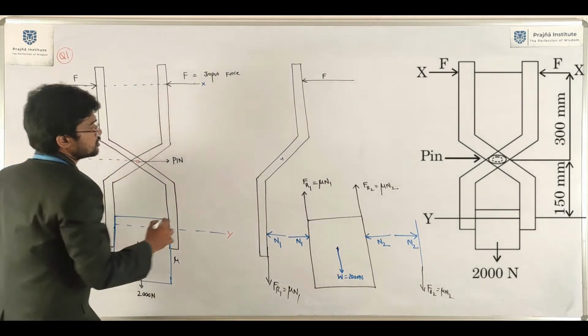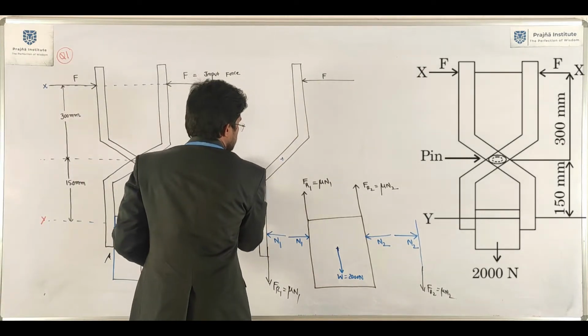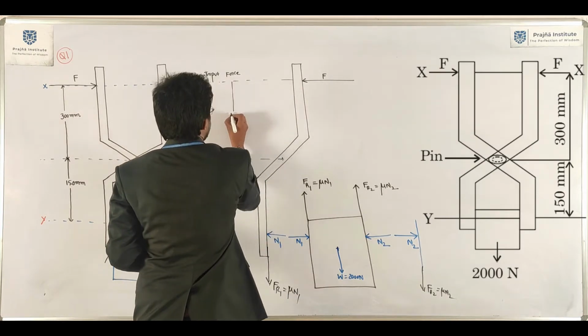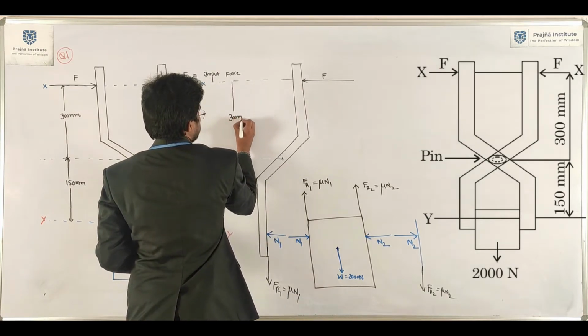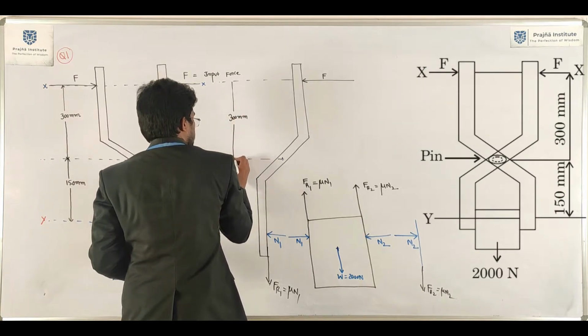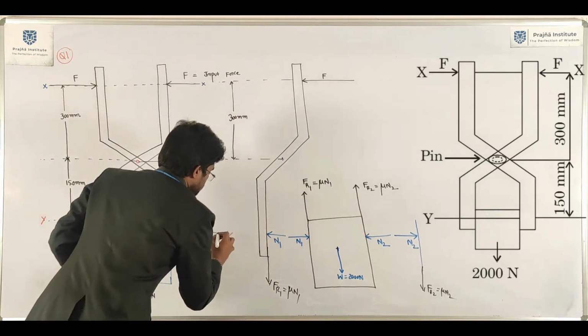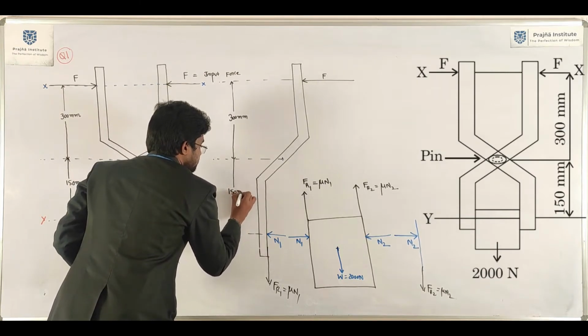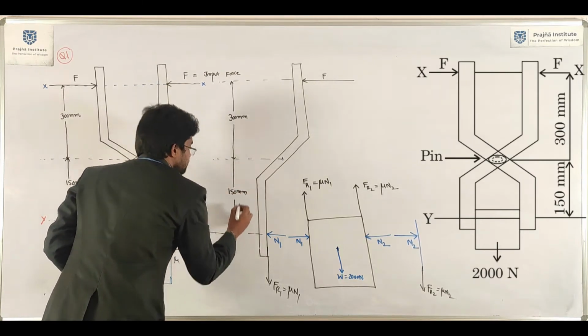They give the dimensions also. From here to here it is 300 mm, and from here to here it is 150 mm.